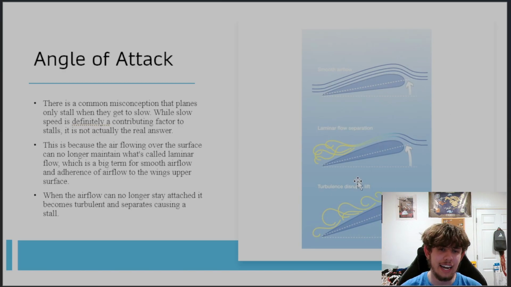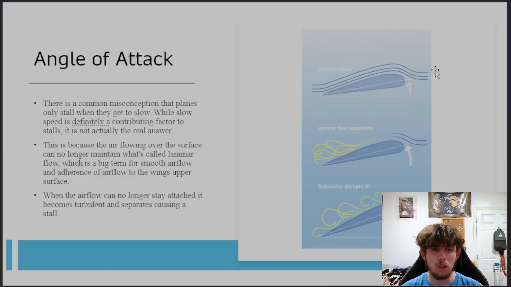You get a high angle of attack situation where the air going over the top of the wing surface is no longer smoothly attached to the wing. It's starting to separate towards the back of the wing, towards the rear edge, and it is disrupting the airflow and is reducing the amount of lift that's generated.